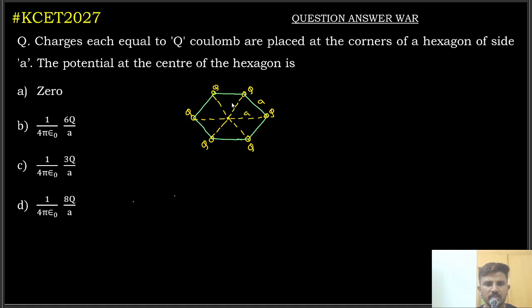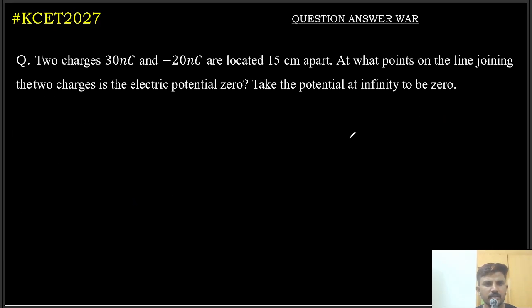Charges are same, distance is same. So potential due to all the charges is 6 into KQ by A, that is 1 by 4 pi epsilon naught into 6Q by A. Option B is correct. Next.